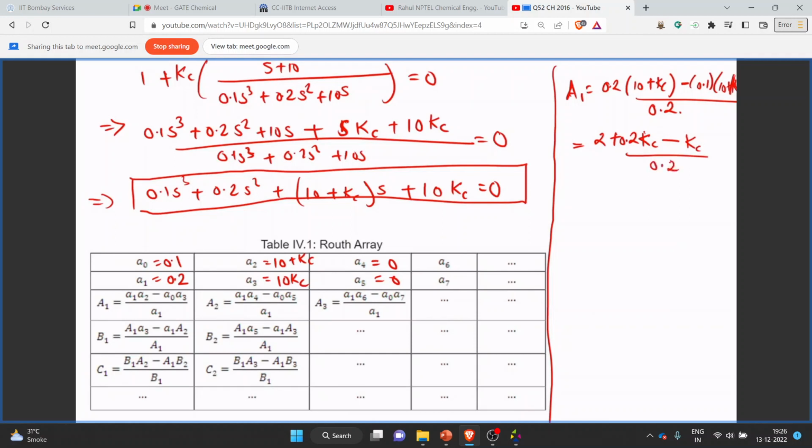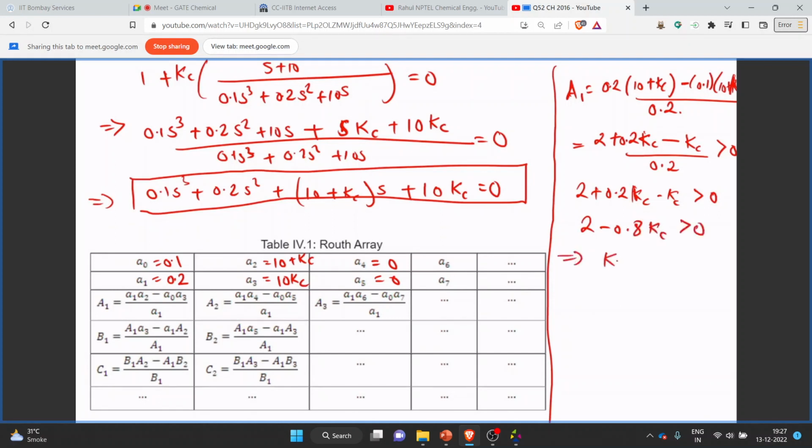So this value should be greater than 0. That is 2 plus 0.2 Kc minus Kc should be greater than 0. That is 2 minus 0.8 Kc should be greater than 0.